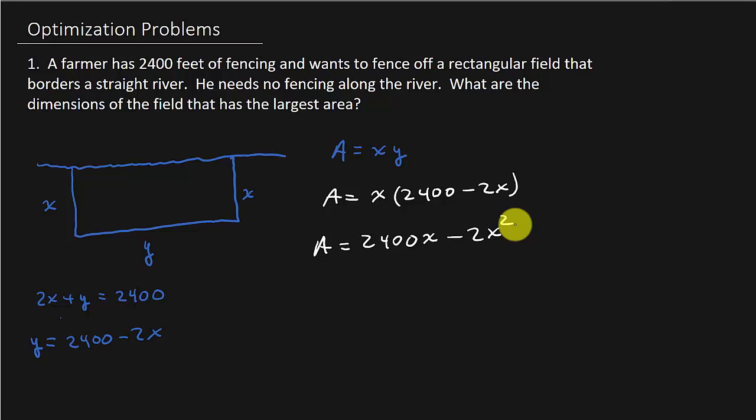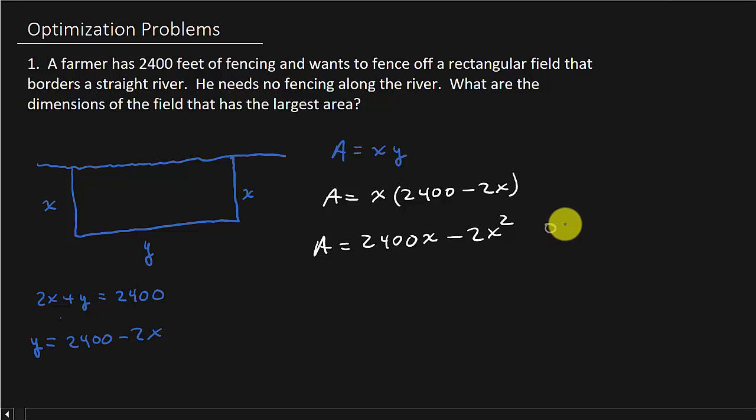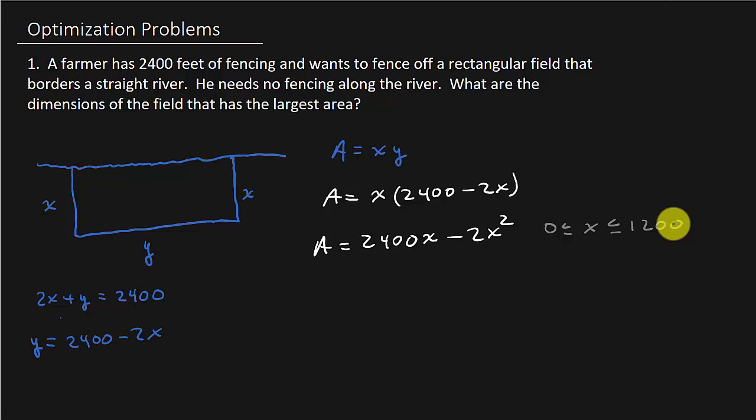Now, the other thing that we want to write down is that x is going to be between 0 and 1,200. Well, why is that?